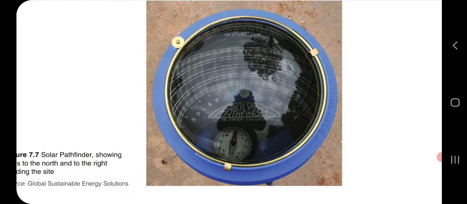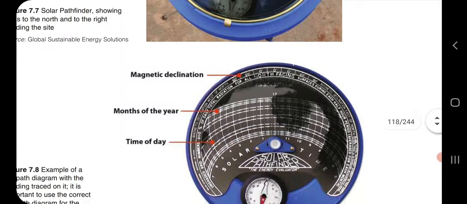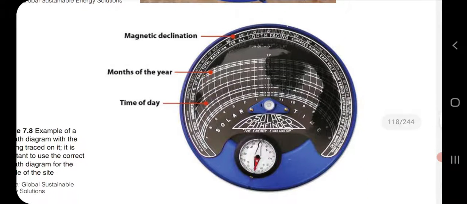In this, there are lines given. The first one is the magnetic declination, the first line. Second, the month of the year. And third is the time of the day. It shows when a tree or anything nearby casts shade: when this pathfinder is kept in that area, the shade falls on the dome.